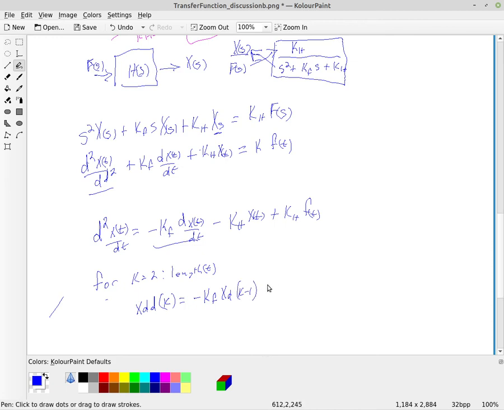I'll use my previous value for that. And then the Hooke's law piece, times the x of k minus 1, plus kh times my forcing function at step k minus 1.